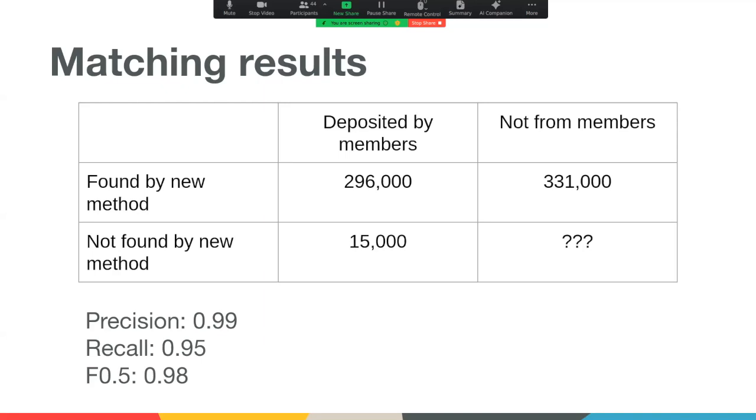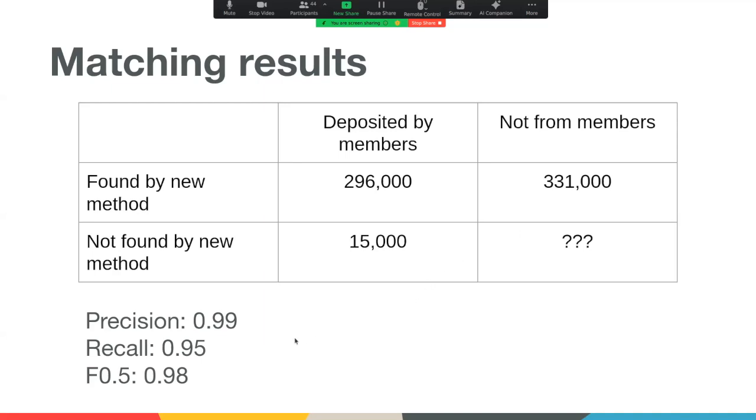On top of that, we've managed to find 331,000 matches which were not already known in our database. So this is either where the members know about it and haven't told us yet, they ignored our emails, as I mentioned earlier, which I sympathize with very much, or these were simply not known.